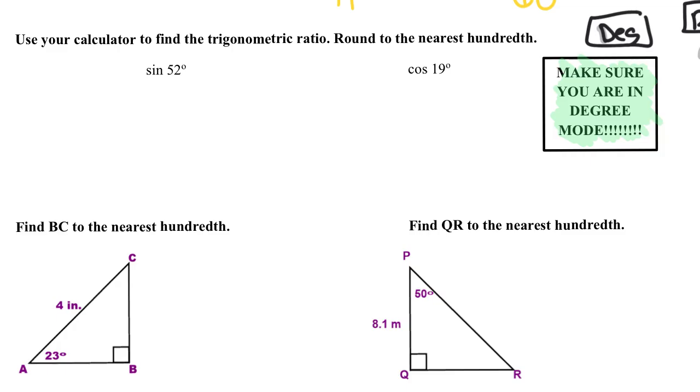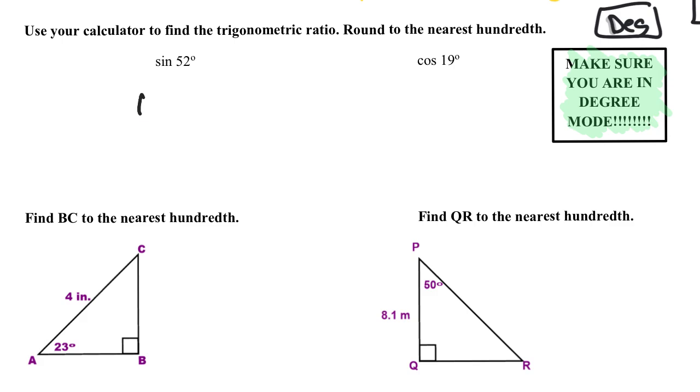All right, so now we want to go ahead and punch these into our calculator and figure out the answer. I will show you how to do it on the Desmos Scientific Calculator. If you have a TI-30, those are also really good to use, but I will show you on Desmos. So when we type in the sine of 52, we get 0.788, and we're rounding to the hundredth.